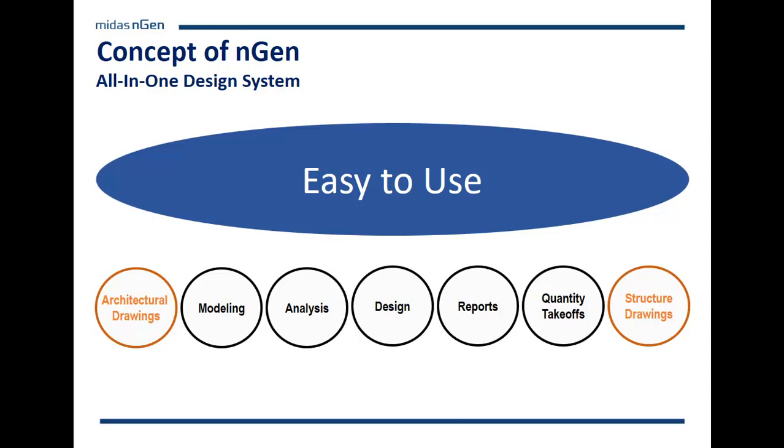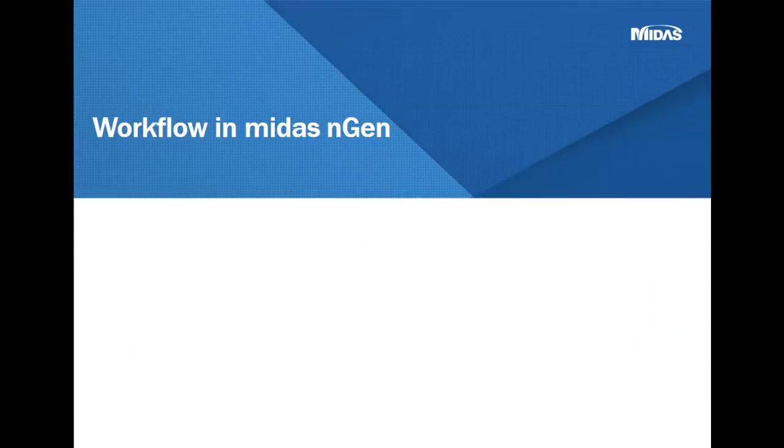Then you can take off the quantity, and finally you can take off the structural drawings, and integrate the entire procedure from drawings to drawings. So let us see what the workflow in MIDAS nGen is, and how it helps us use various workflows depending upon the type of structure we are dealing with and the preference of the engineer who is using the software.